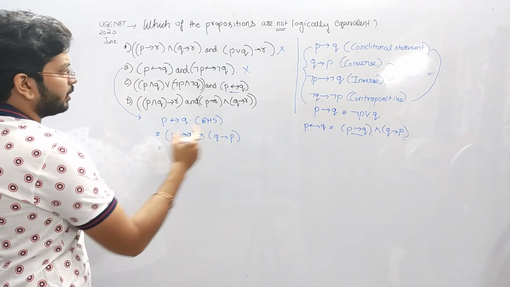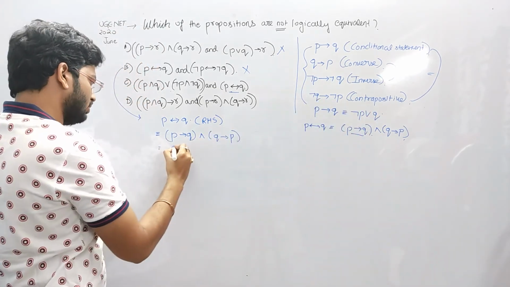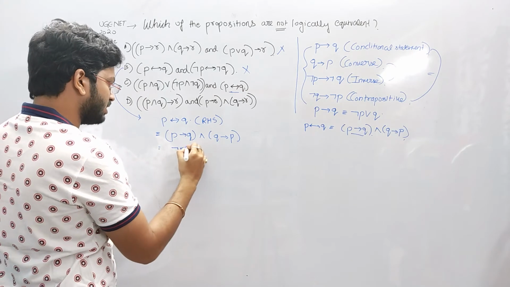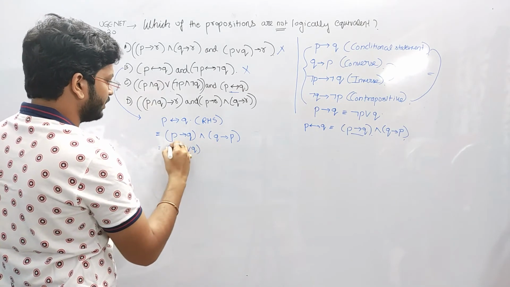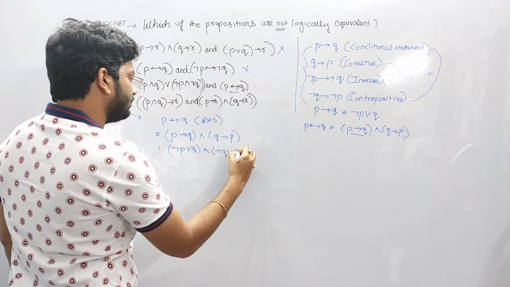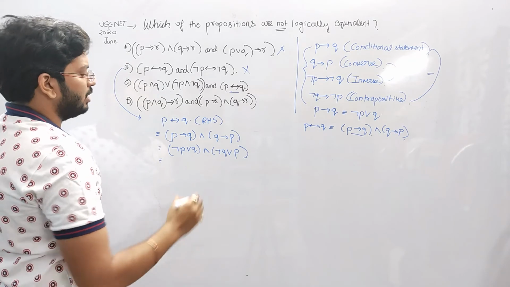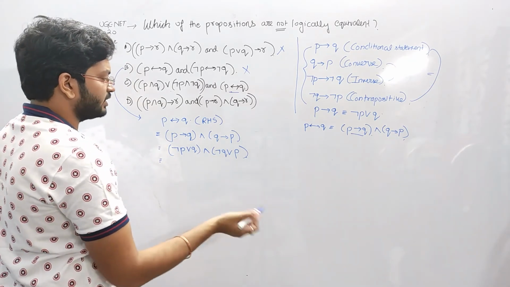From this formula, P implies Q can be written as negation P or Q. So we will be writing here negation P or Q and negation Q or P. Okay. Now it is the case of distributive law.